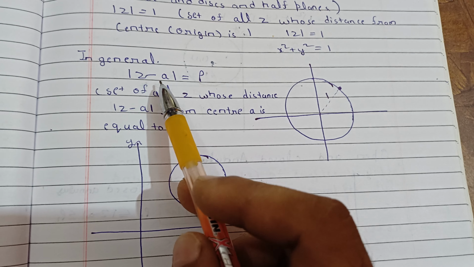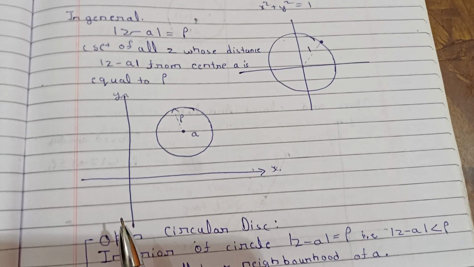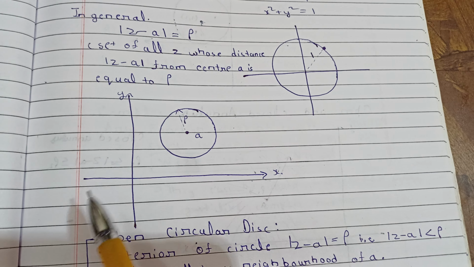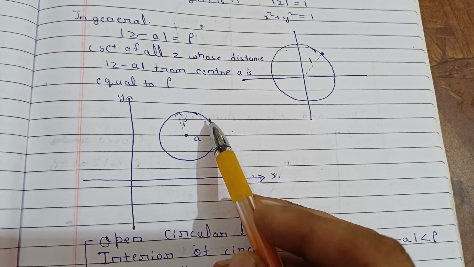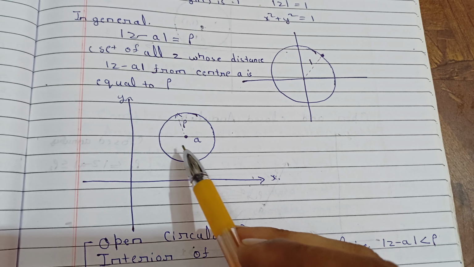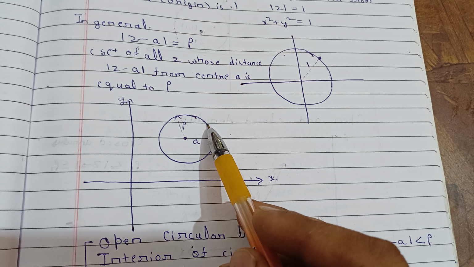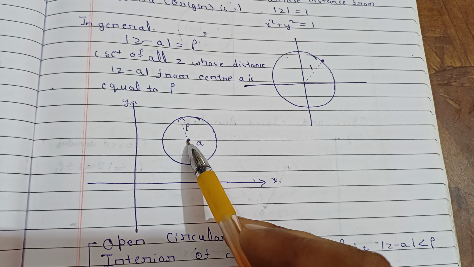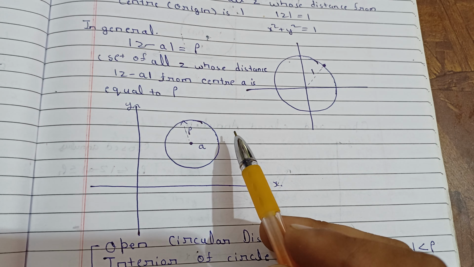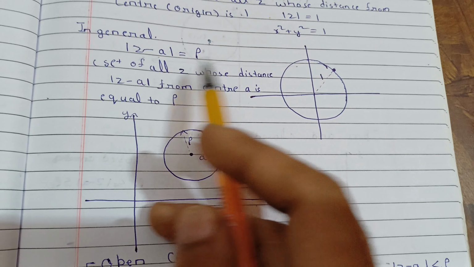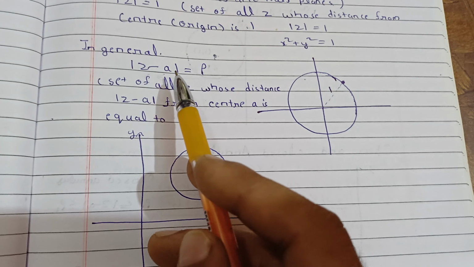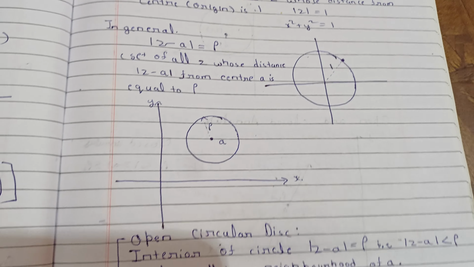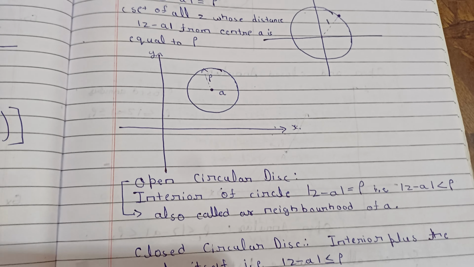So this a denotes the center here. If you want to find the equation of this circle, you take any point x plus iota y, subtract the center point, and this distance is equal to the radius. That's how you get this equation. So this represents the general form of a circle. Hope it is clear to you now.